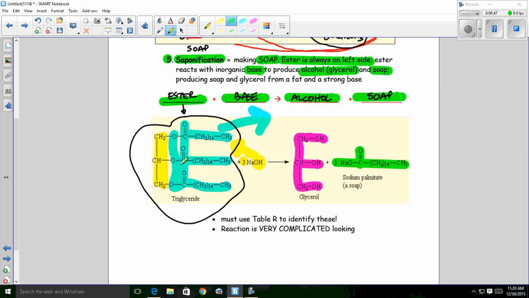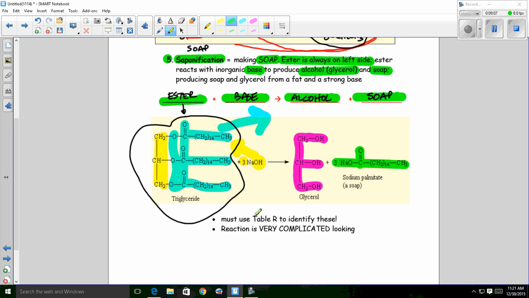So you're breaking off a huge piece of this triglycerol. It's being replaced with the three OHs. That's this right here. The huge piece of triglycerol is now being combined here chemically, along with the three Na that have broken off of the very small base on the reactant side.